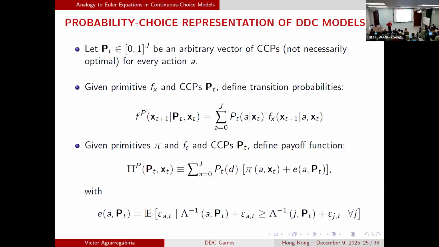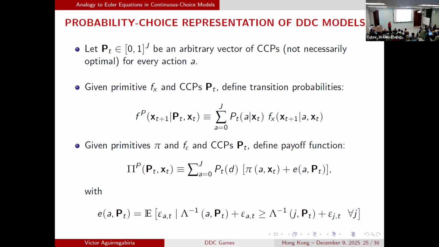We can represent our discrete choice model, where agents are taking discrete actions, as if agents were choosing choice probabilities. And choice probabilities are continuous objects, okay? And basically, that's the idea.